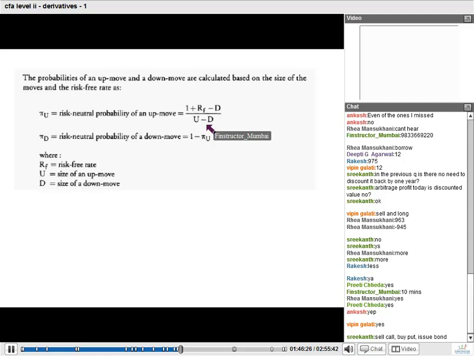That is, if the stock price follows a random motion, you don't really need to understand how these formulae are derived, but just understand that under certain assumptions of random stock price behavior, we can conclude that the probability of an up move is given by this function and the probability of a down move is simply 1 minus the probability of an up move. So these values will be given to you. You will not be asked to derive the size of a down move, size of an up move. Probabilities can be calculated given the risk-free rate, the size of a down move and the size of an up move. So this probability is 55% in the question and it's 45% for the down move.